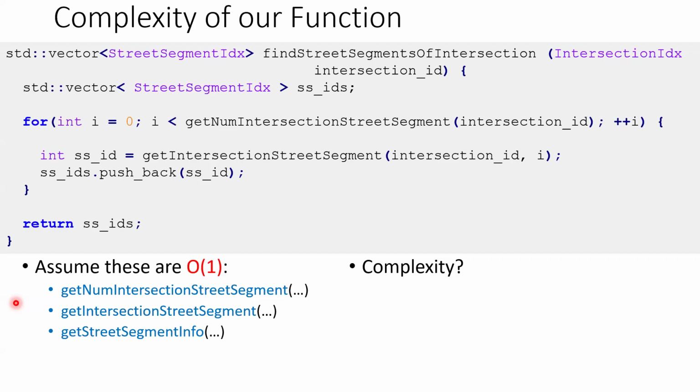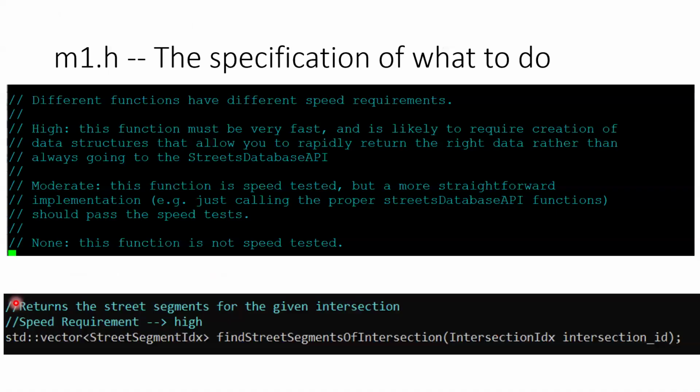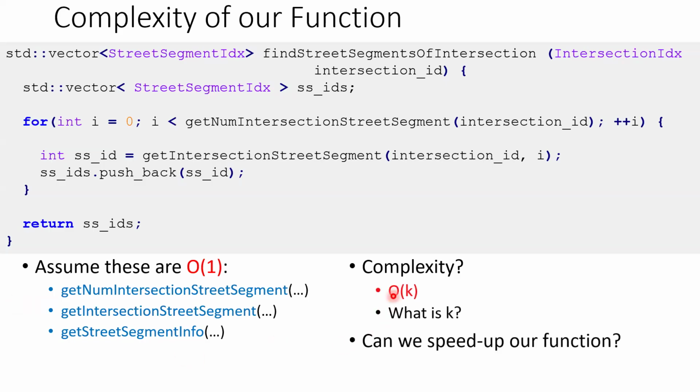Typically we say O of k, where k is the average number of street segments connected to each intersection. Can we further speed up our function?